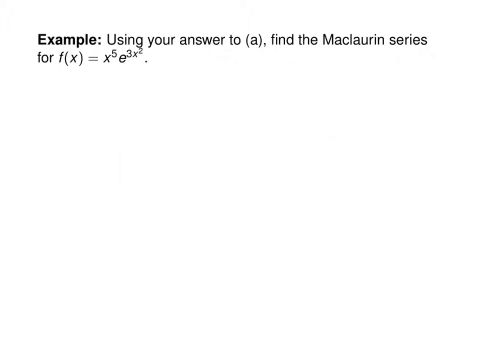Now we can use this series that we found. We found that e to the x is equal to the sum from n equals 0 to infinity, x to the n over n factorial. We can use that to find the Maclaurin series for x to the 5th times e to the 3x squared.